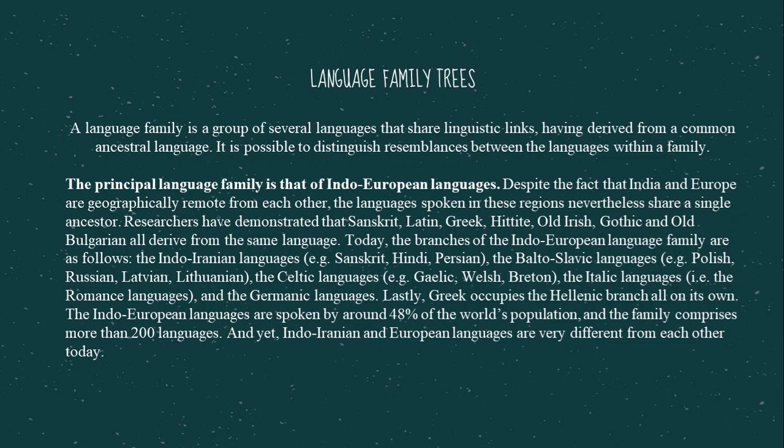The Indo-European languages are spoken by around 58% of the world population, and the family comprises more than 200 languages. And yet, Indo-Iranian and European languages are very different from each other today.